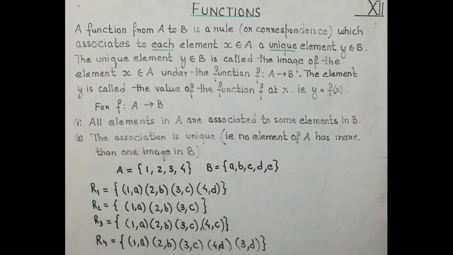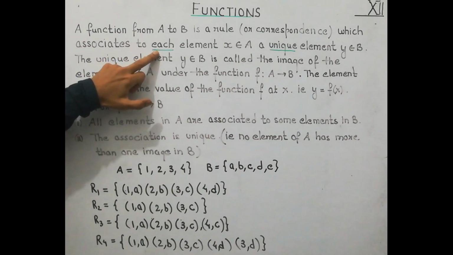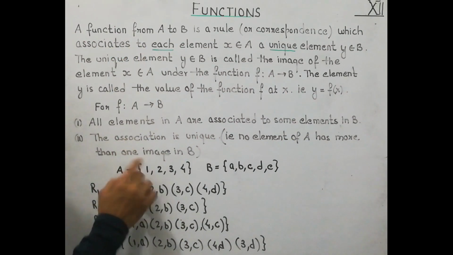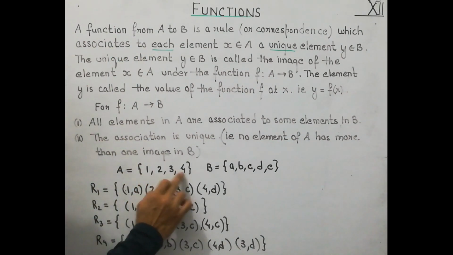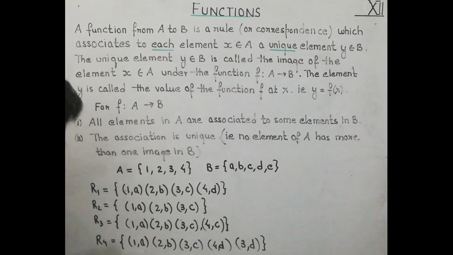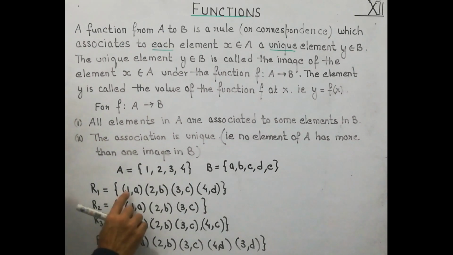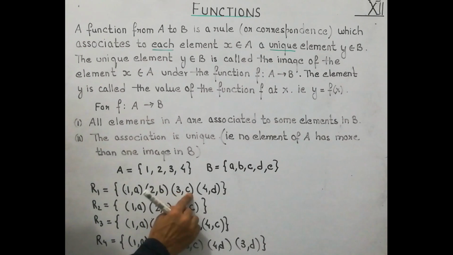Okay, now let us see in this example, again four relations have been given to us from A to B. We have to find out which of these relations is a function. Now the first condition says that each element of set A. Set A has four elements, and you can see the four elements are associated. 1 is associated, 2, 3, 4.